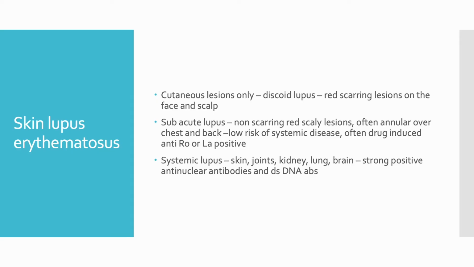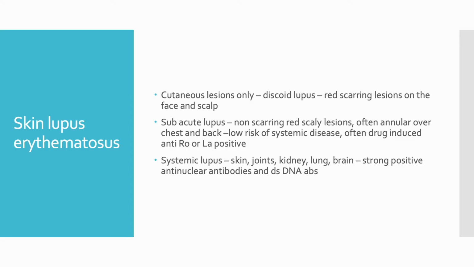Systemic lupus is a condition where not only is the skin likely to be involved, but the joints, kidney, lung and brain may also be affected, and this is associated with strongly positive anti-nuclear antibodies and anti-double-stranded DNA antibodies.